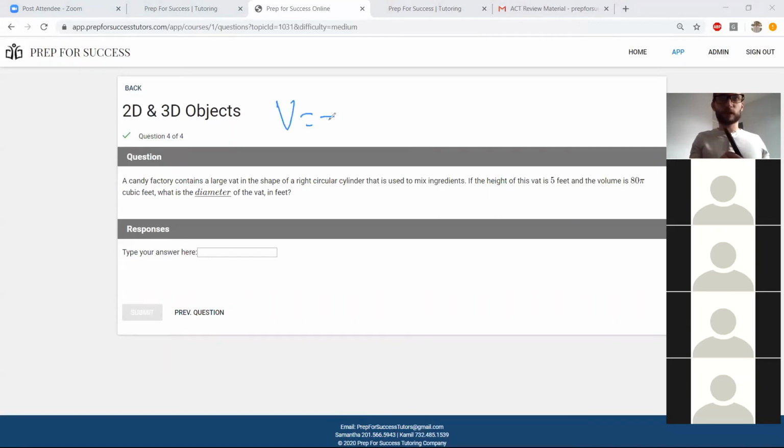Volume equals pi r squared h. Okay, V equals pi r squared h. So take a look at number 4, message me your answer privately.